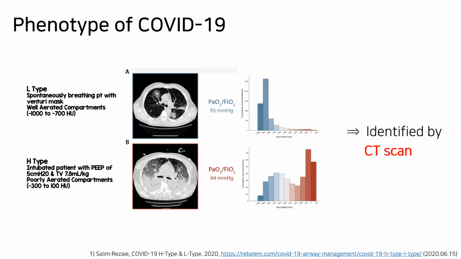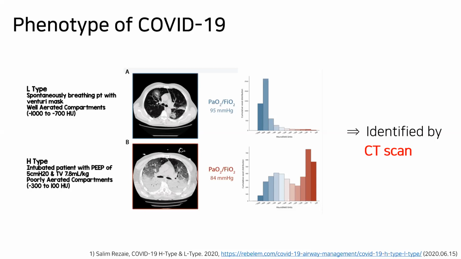The L type patients have about 95 in PaO2/FiO2, which is the method used to check the SOFA score, while the H type patient has 84 in PaO2/FiO2.